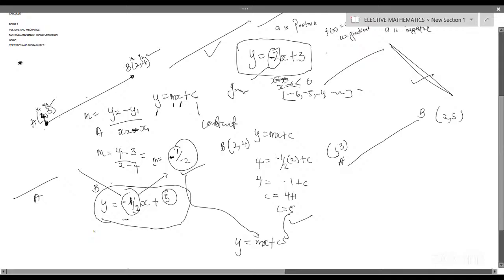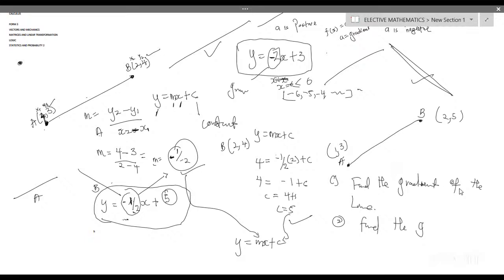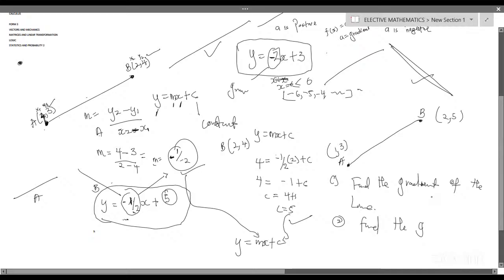So you have to find the gradient of the line, find the equation of the line.